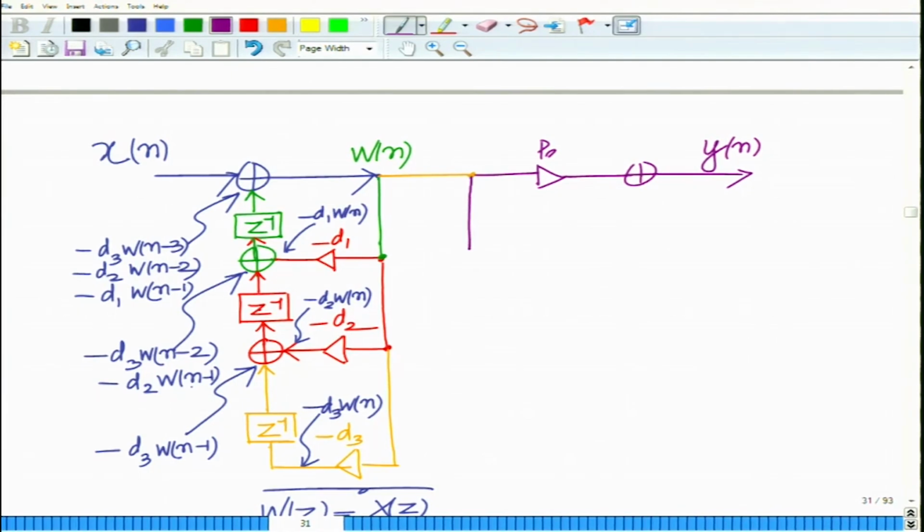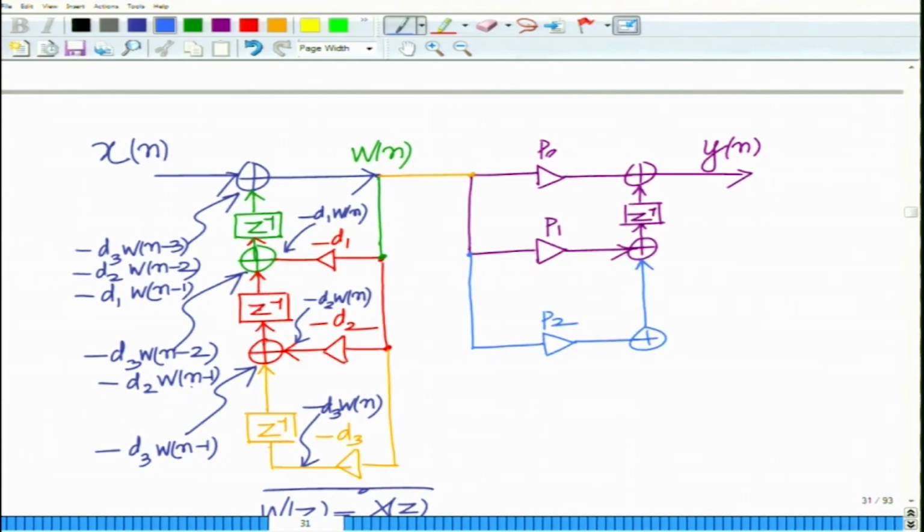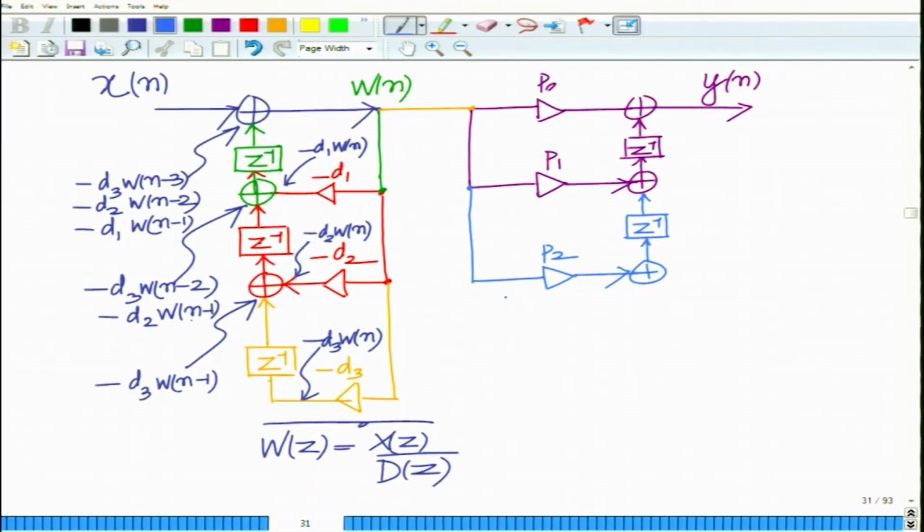Now, this I have to also send through gain P1, and this will be delay z inverse, all right, and that again you have another adder here, okay, and that will give you this is P1 W[n], and now I will send that through another gain, that is P2, and this is well another delay over here, and finally you send it through another gain stage and another delay.